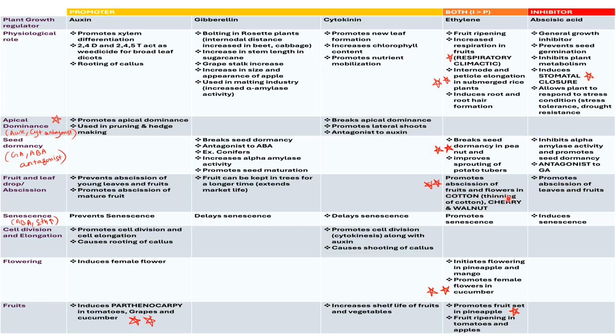Ethylene promotes abscission of cherry and walnut, and also causes thinning of cotton. Very, very important. Senescence is prevented by auxin, gibberellin and cytokinin. Specifically, cytokinin is important. It is induced by both ethylene and abscisic acid.